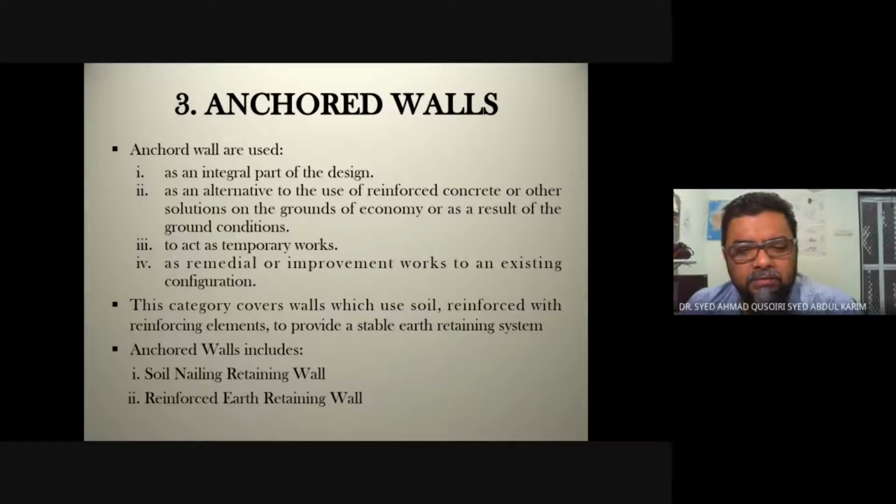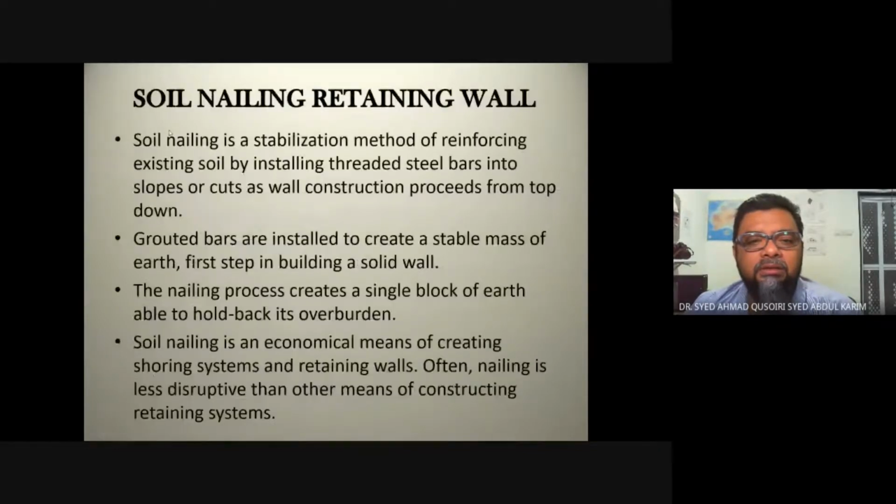So this category covers walls which use soil reinforced with reinforcing elements to provide a stable earth retaining system. So anchor walls include soil nailing retaining walls and reinforced earth retaining walls. A soil nailing retaining wall is a stabilization method of reinforcing existing soil by installing threaded steel bars into slopes or cuts as wall construction proceeds from top down.